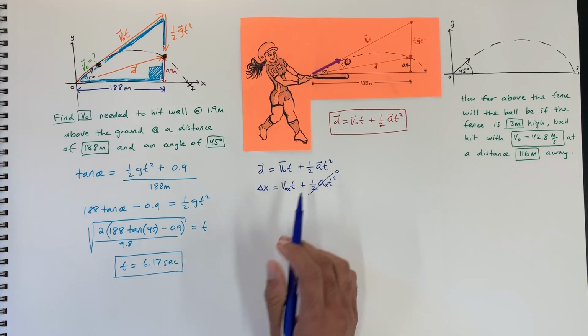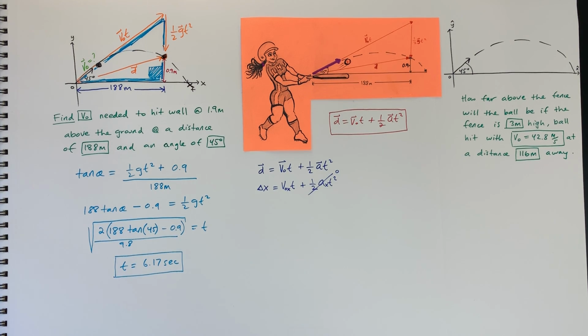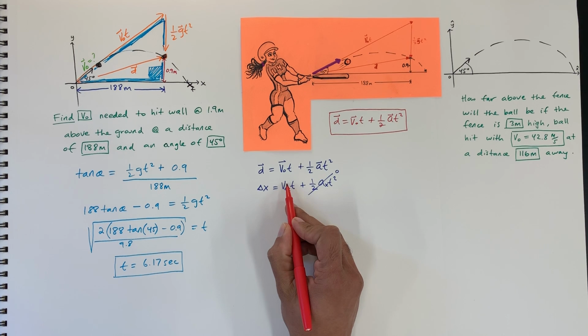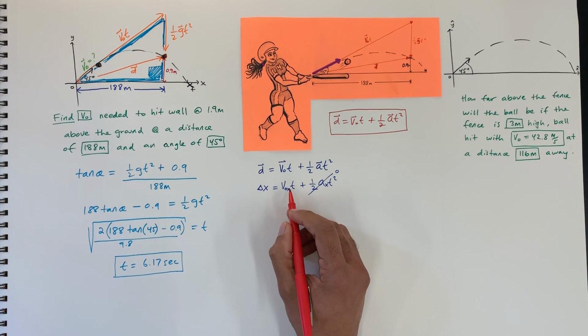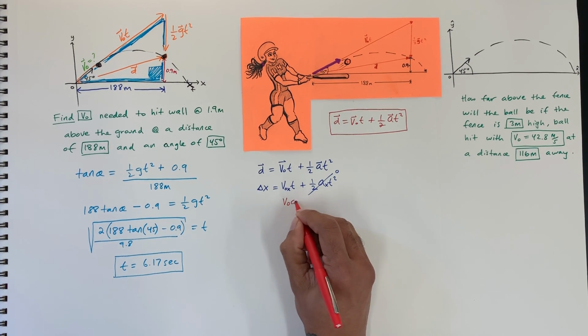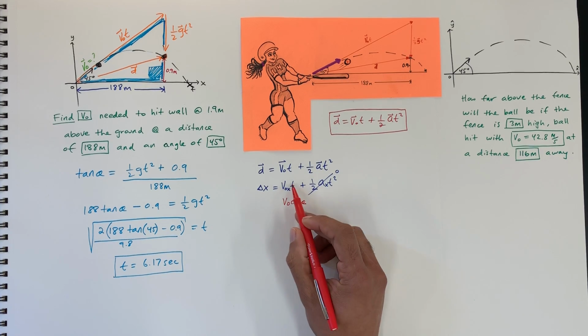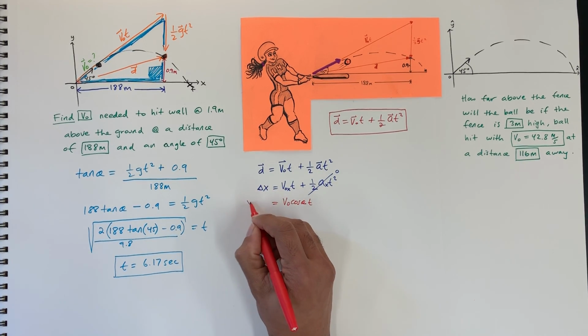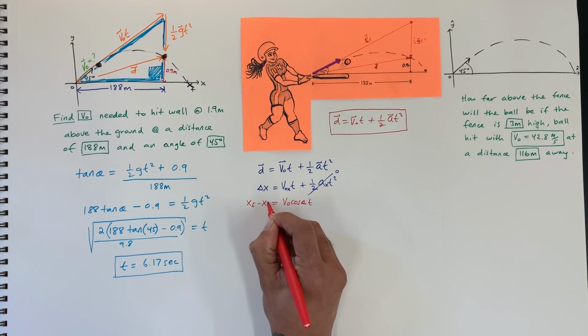We know that there's no acceleration in the x direction. We also know, by breaking this up into components from previous examples, that v initial in the x is v initial cosine theta. Then the time comes down, and this side here is x final minus x initial.